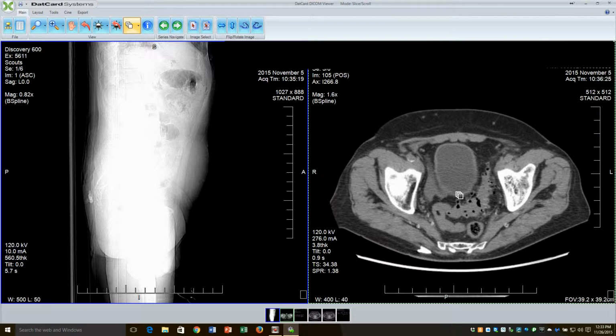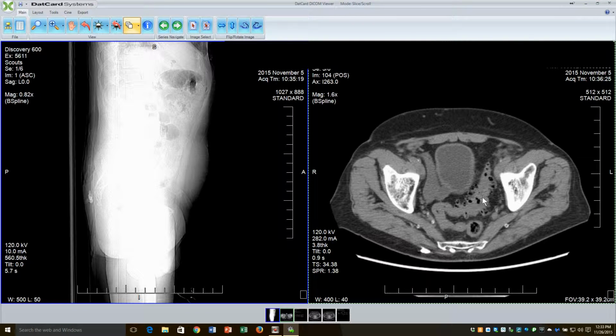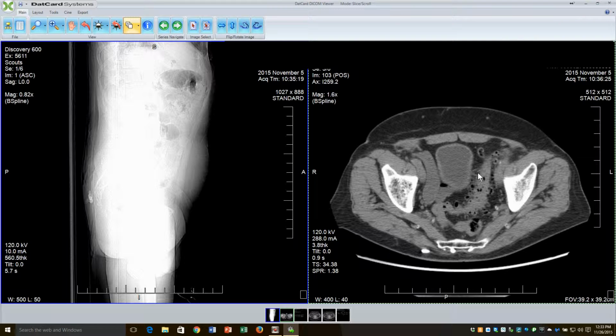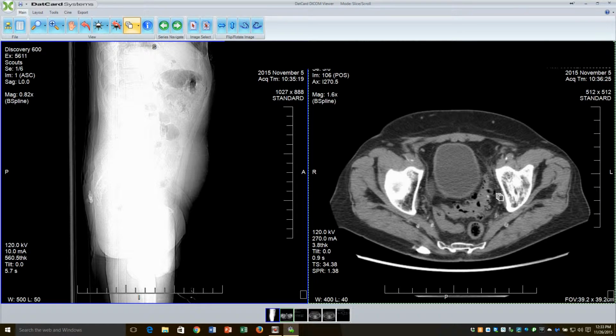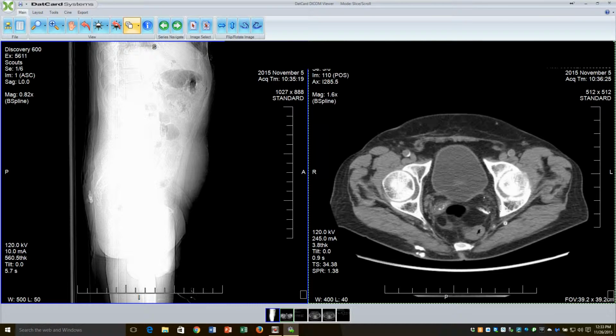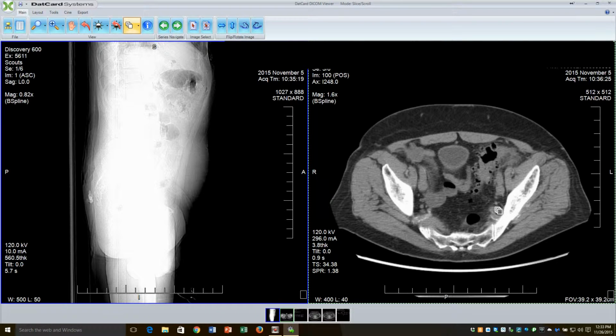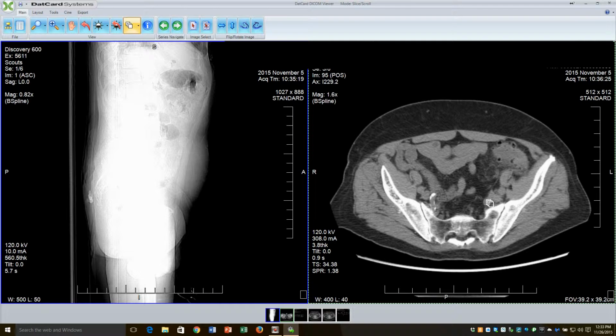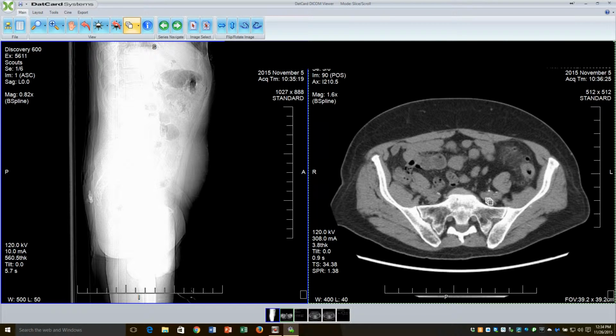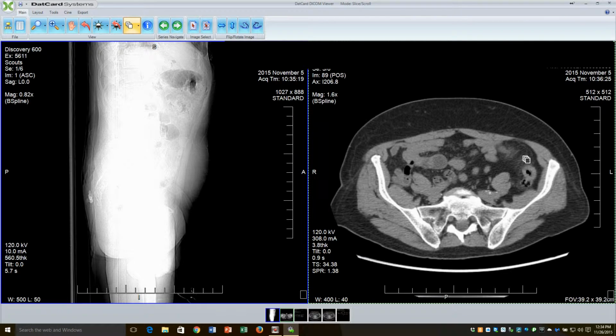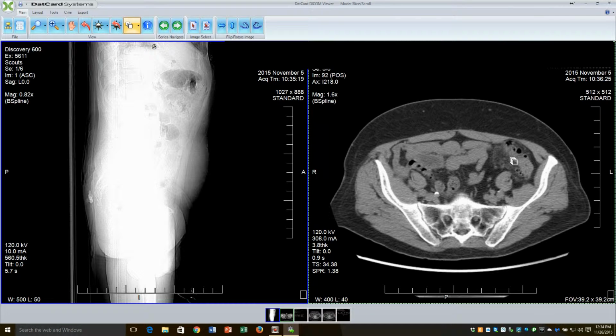So as we continue to march up, you can see the sigmoid colon here. And there's a lot of diverticular disease, a lot of diverticulosis here. But as we move up, we'll see some changes in the fat right here, consistent with diverticulitis.